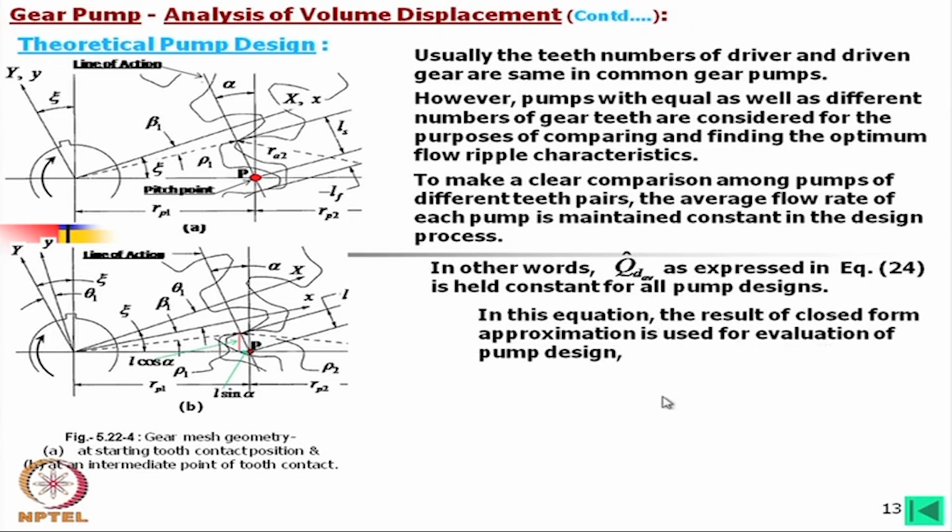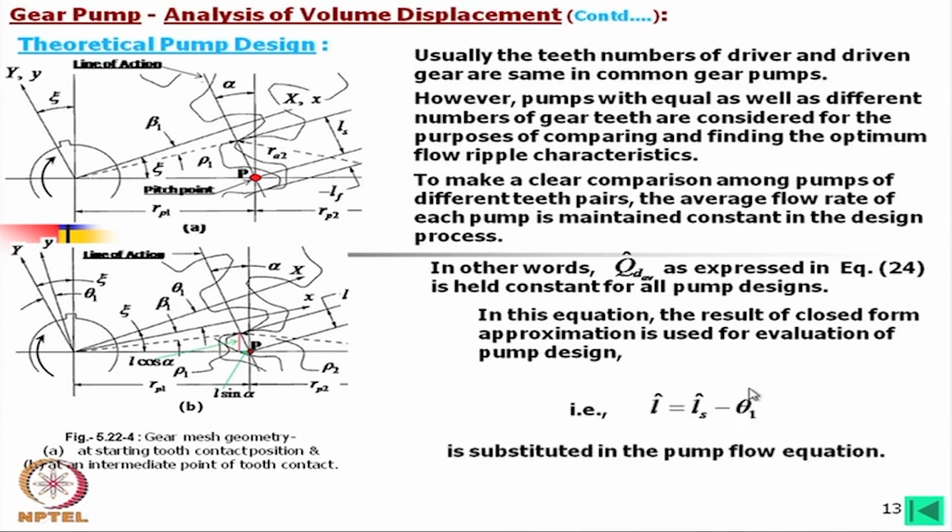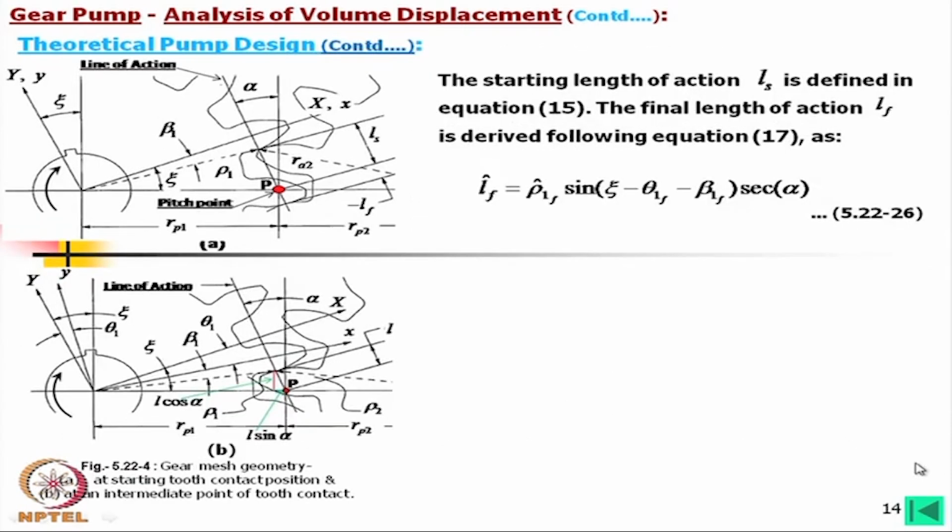Now, we have considered the result of the closed form approximation to find out the solution, that is, we have considered L is equal to Ls minus theta 1. This expression from the approximation we have found, and then substituting this we get the starting length of action Ls, which is defined in equation 15.